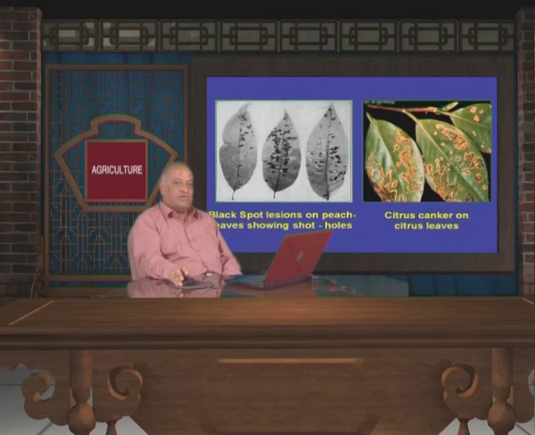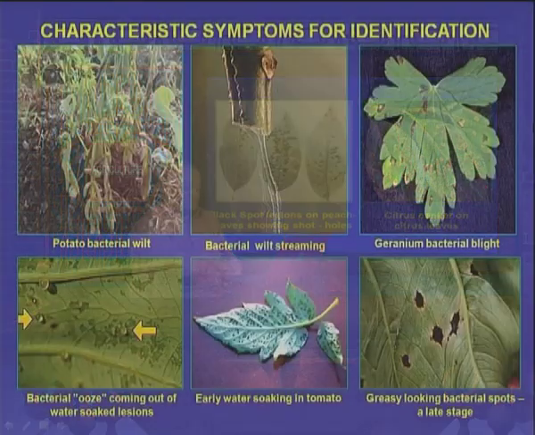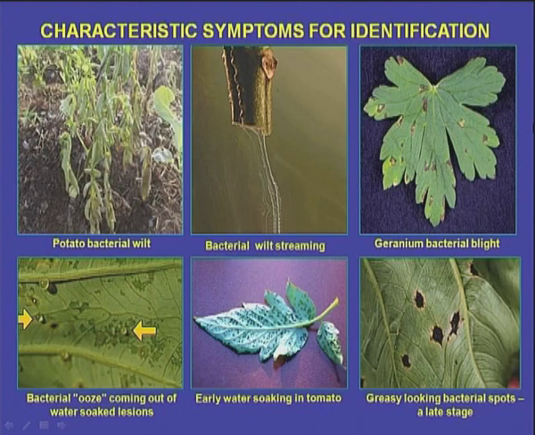Generally we find watery spots on the fruits. So this is all caused by Xanthomonas citri, and citrus canker is the name of the disease. These are the characteristic symptoms, and they help us in identification of a particular type of bacteria in the plants.